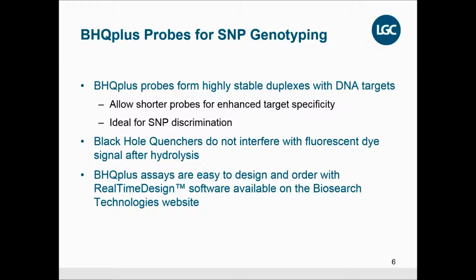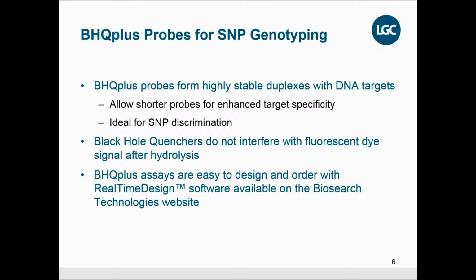I will now get into introducing the BHQ Plus chemistry from LGC Biosearch Technologies. BHQ Plus probes have a duplex stabilizing technology that allows them to form stable duplexes with their DNA targets. This leads to enhanced target specificity, which is very critical when looking to discriminate between different SNPs.